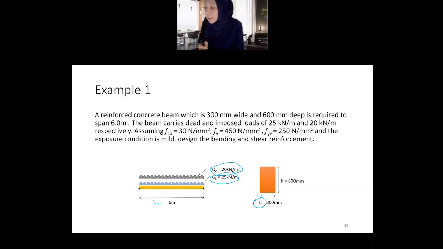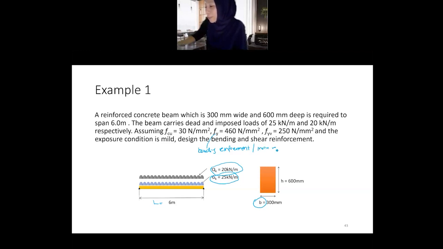fy 460. This means this is bending reinforcement ataupun main reinforcement ataupun main bar. Ini bending reinforcement. Kenapa kita pakai bending reinforcement? Sebab dia resist bending, dia bukan resist shear, dia resist bending.